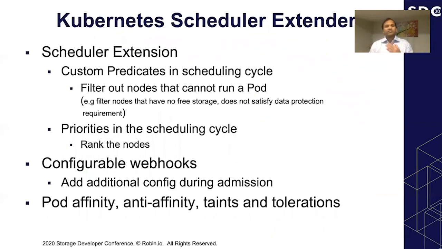One thing is called custom predicates, which means that the scheduler is going to pick, let's say, five nodes in which the pod can be placed, and it gives that list to the extension which a storage class can implement. That can take a decision that, hey, there is no storage in this particular node, or it doesn't satisfy the data protection needs, so I'm going to filter out the nodes that can't be used for this particular pod, and then return the filtered list.